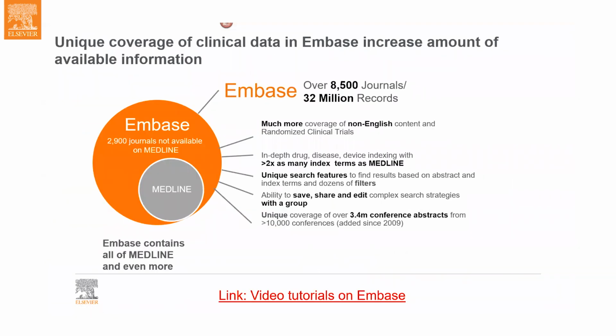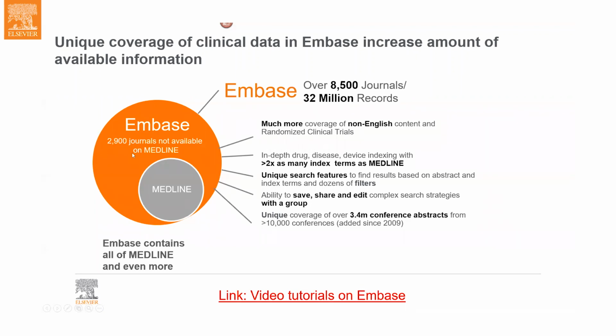But let's begin from Embase as we discussed. The key idea why you can leverage the comprehensiveness of Embase is that Embase is a really unique database, because Embase covers more than 3,000 unique journals, and all journals indexed in Medline.